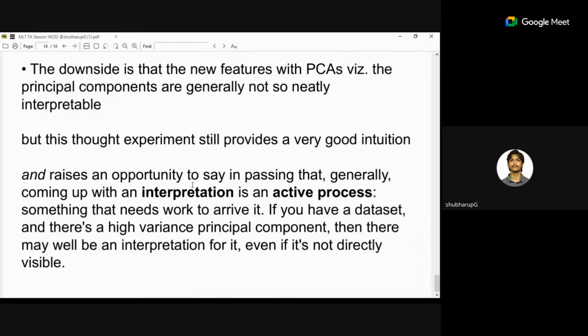So it might very well be the case that if you have a data set and there is a high variance principal component, then that principal component has an interpretation, which needs work to arrive at, even if the interpretation is not directly visible, right?